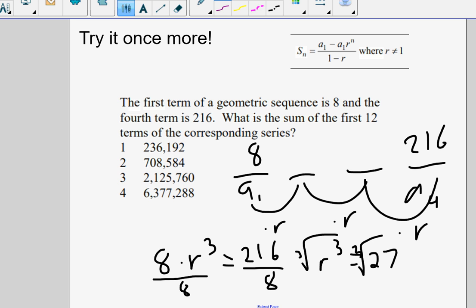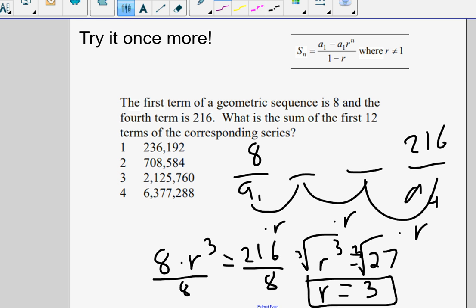I think you have to go into the math menu, and it's the fourth option. But I do know off the top of my head that the cube root of 27 is 3, so r is going to equal 3. So that's our r value. Go ahead and plug into that series formula to find the sum of the first 12 terms of this series.